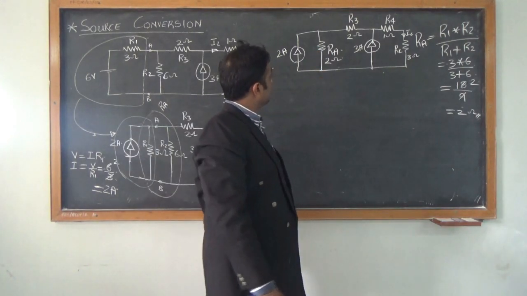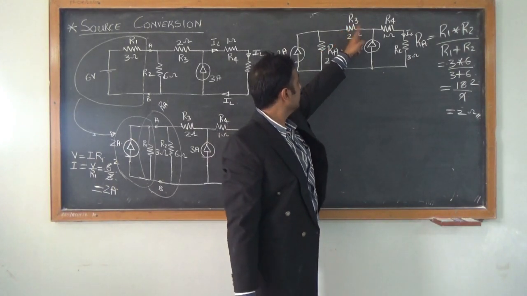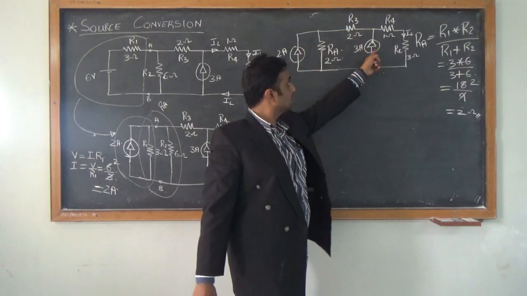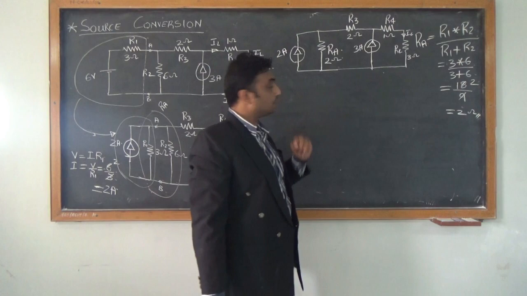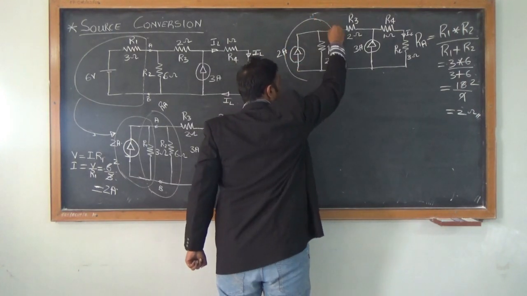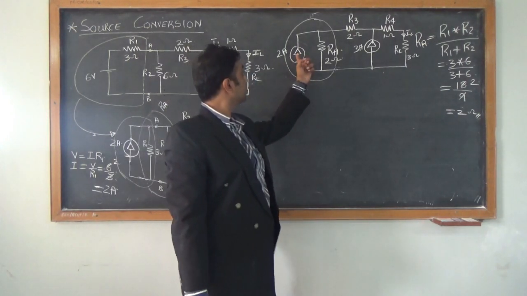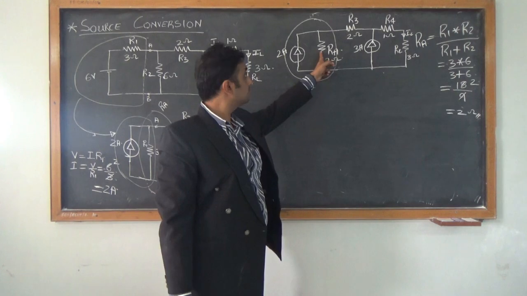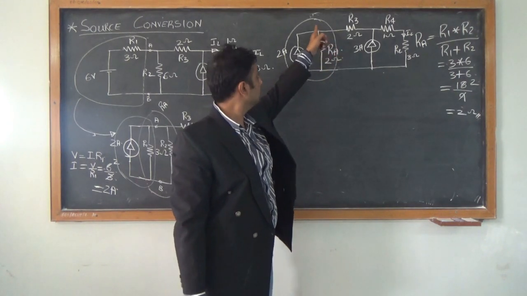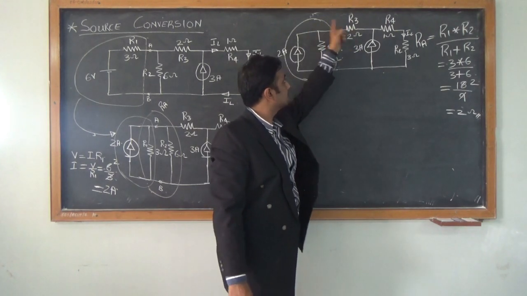Now, once I combine this, what else can I do? I still have the R3 in between of both these current sources. So now I will convert this current source to a voltage source, because if I convert it, I will get this resistor in series, and then once it's in series I can add both these resistors.